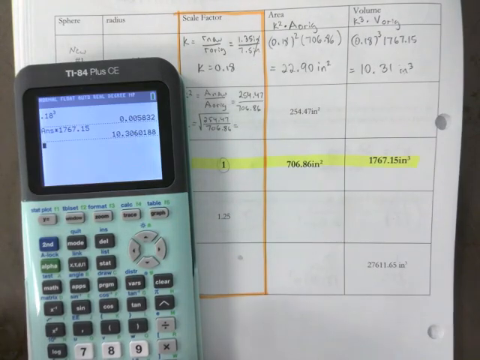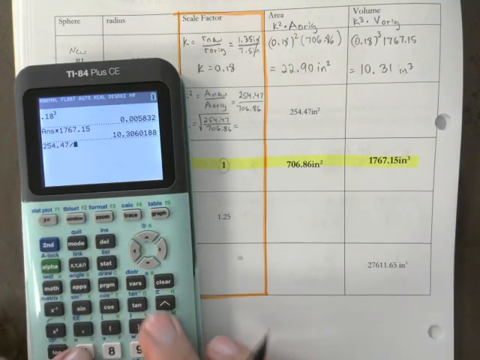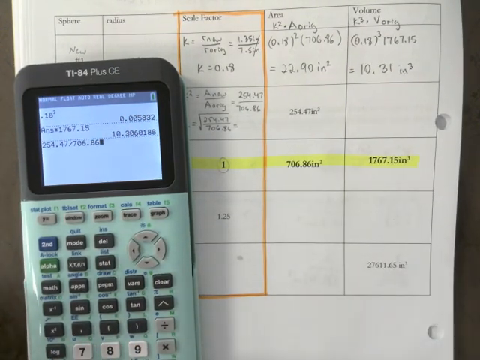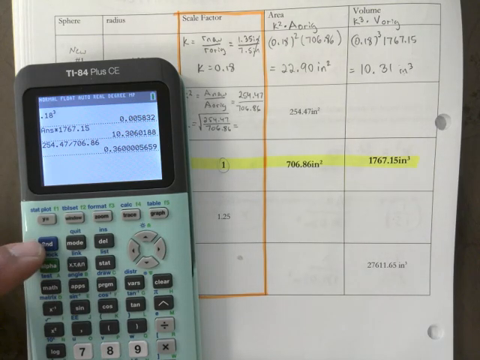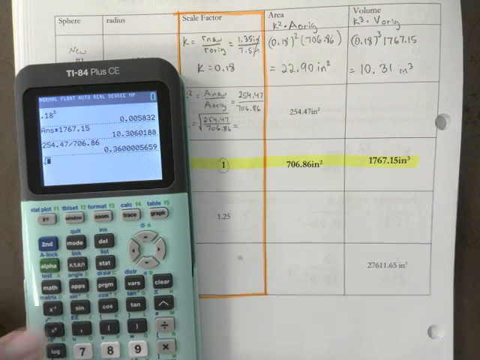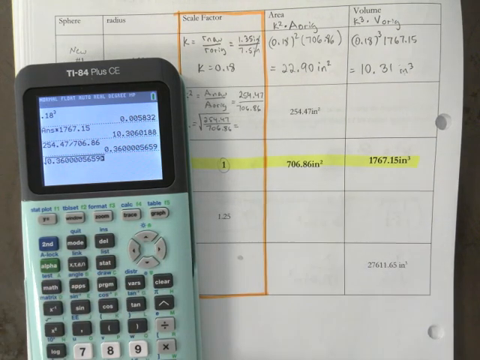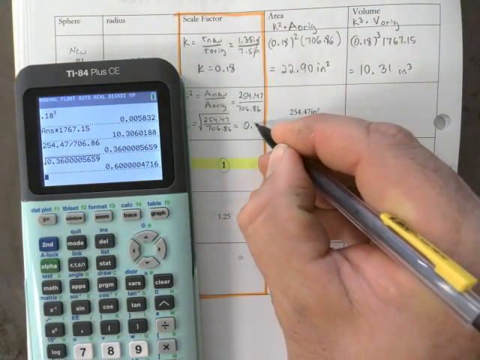So watch carefully how you type this in. You divide, and then I go square root, which is second x2. I copy that, paste it in, and you get 0.6.